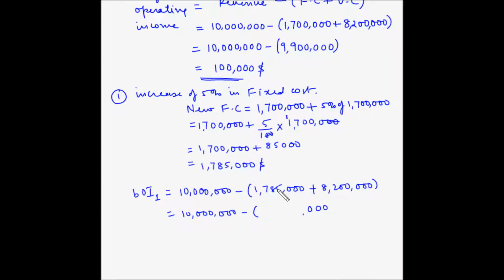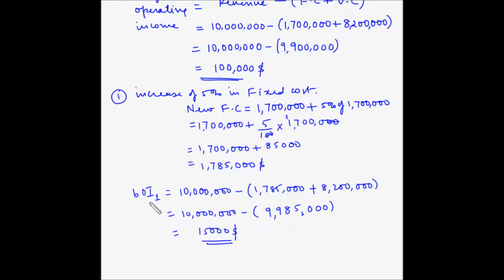Now before that, 5 plus 0 is 5, 8 plus 0 is 8, 7 plus 2 is 9, and 8 plus 1 is 9. So this is equal to $15,000.